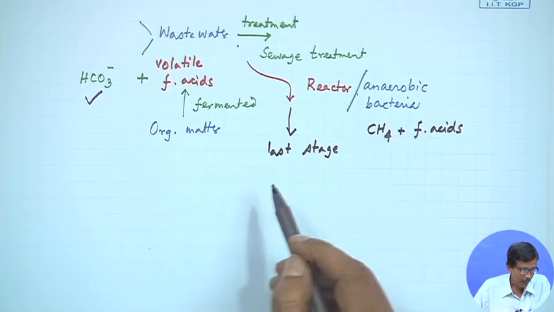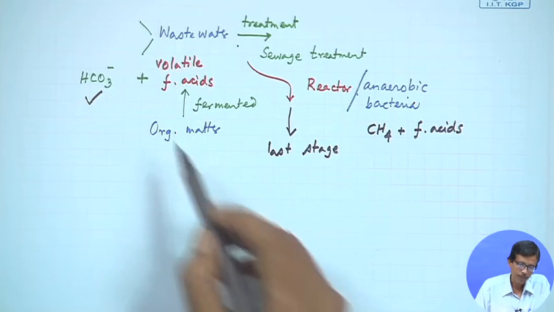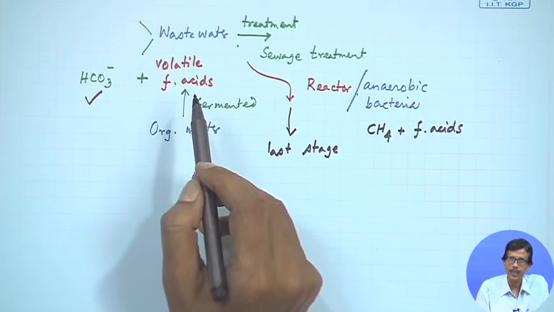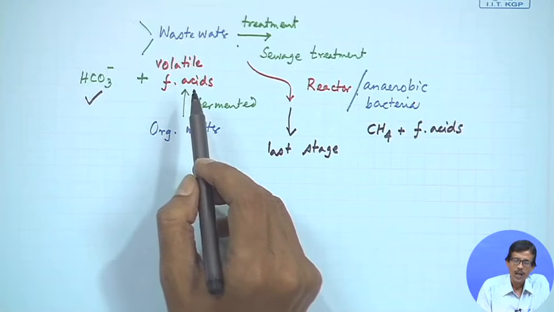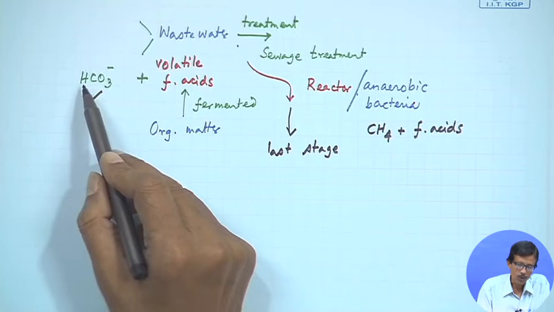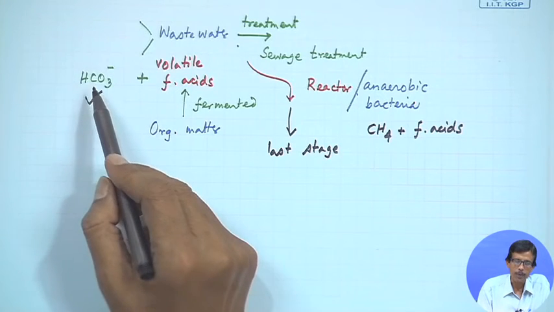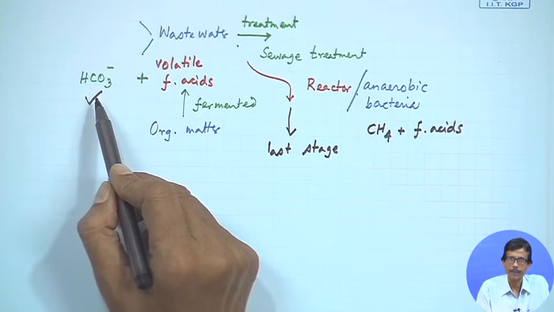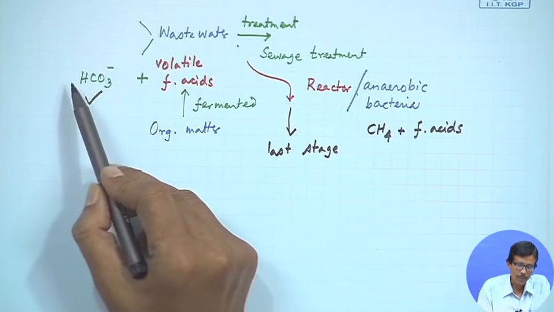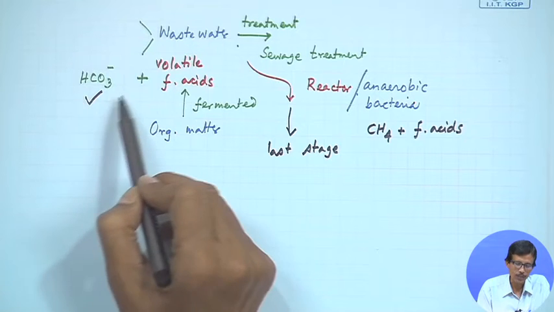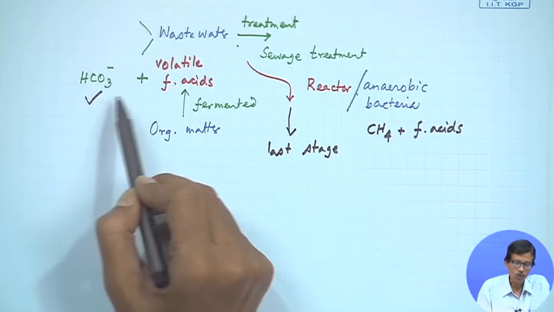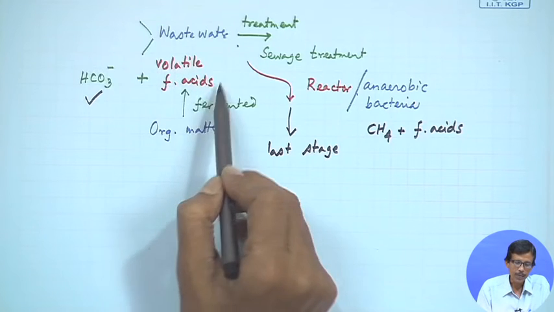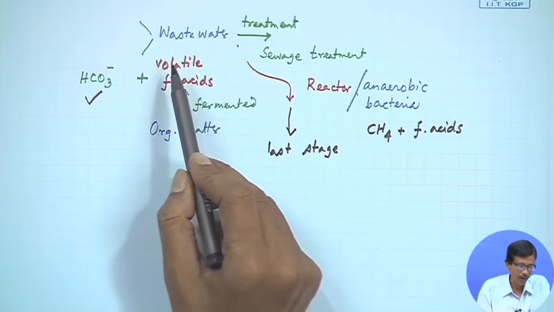When more of these volatile fatty acids are produced in the medium, the bicarbonate anion production is giving rise to a buffered medium. That buffered medium can be consumed as we consume more and more of this carbonate buffer by the volatile fatty acids.